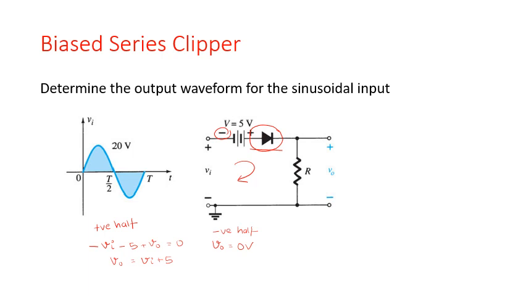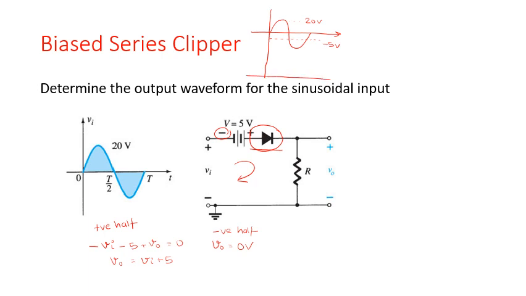For drawing this waveform, the first thing that I will do is draw the input waveform. So this is my 20 volt peak to peak. In this 20 volt peak to peak, I have got minus 5. So this is the minus 5 volts that I'm drawing over here. This right now is 20 volt peak to peak.